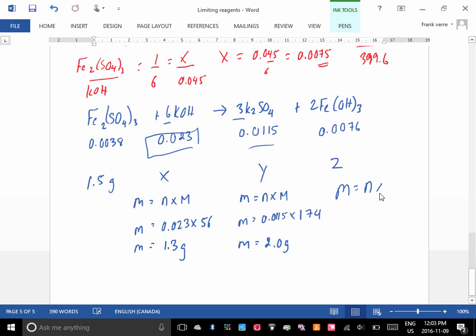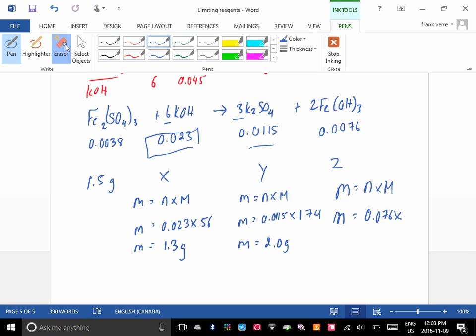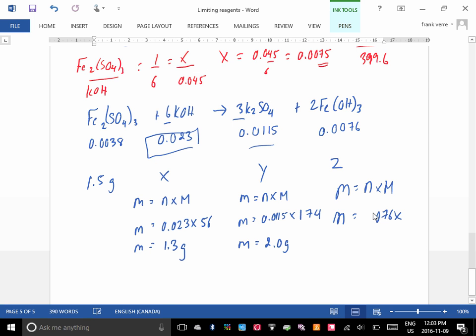So number of moles times the molar mass. Alright, we're almost done. The number of moles is 0.0076. The molar mass of iron 3 hydroxide: so what was iron? 63.55?